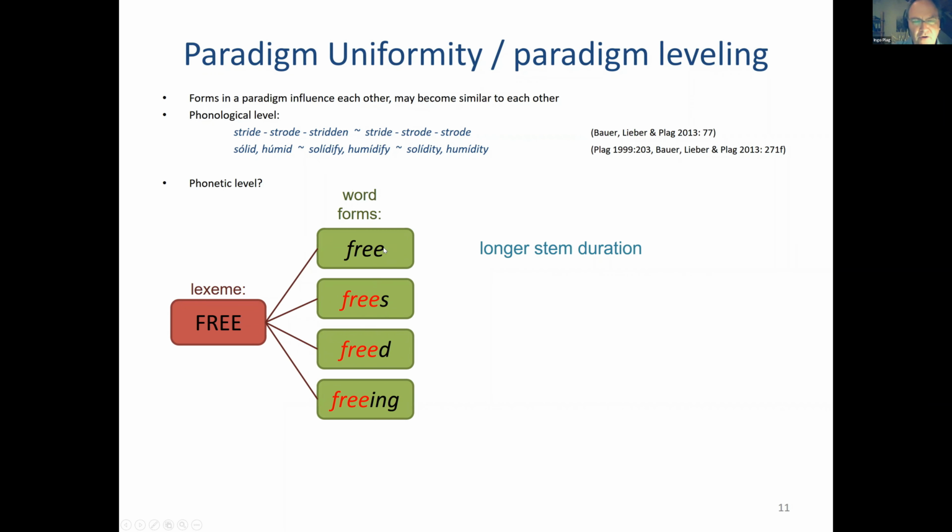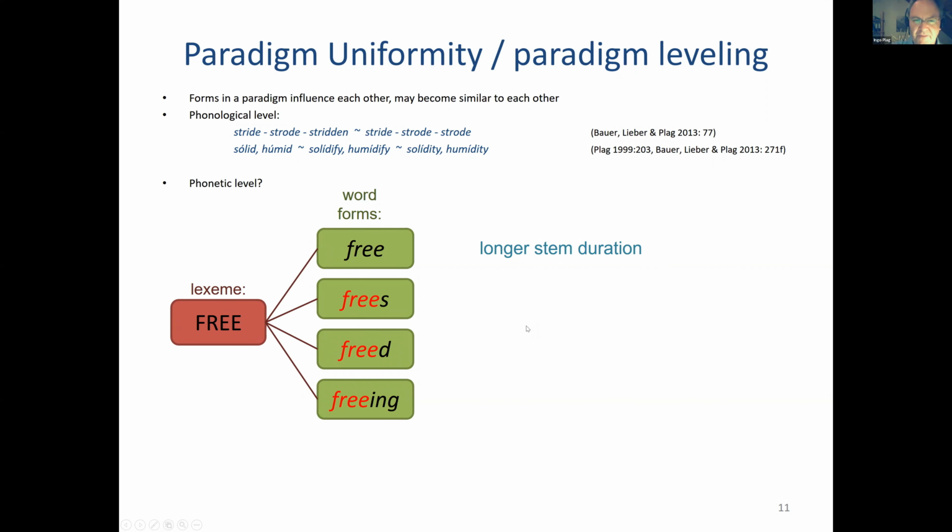And the whole point here is that the word form free has a longer stem duration than perhaps any word where there would be a consonant following, because you have this effect of lengthening before the end of the word.